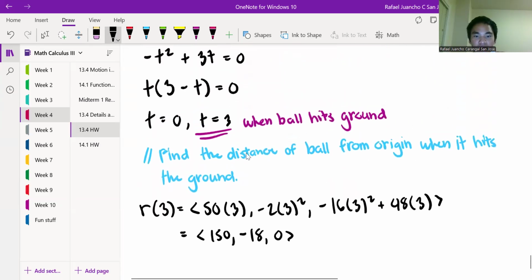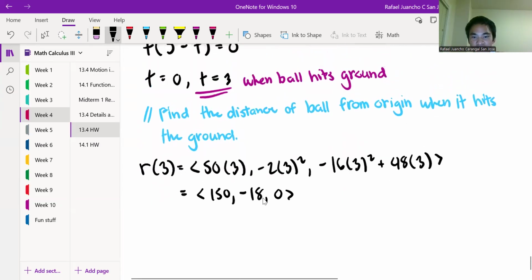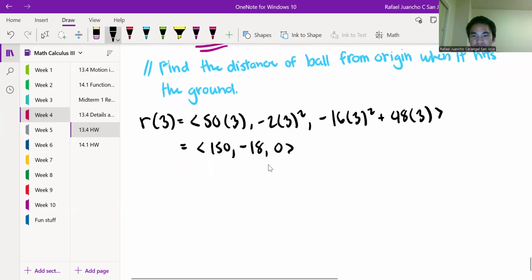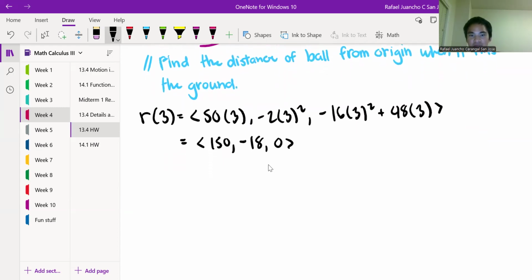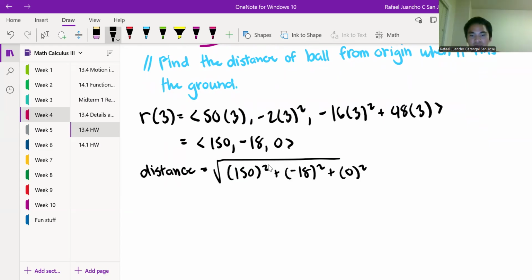Okay. Now we find the distance of this point towards the origin. So we basically do a distance formula, and 0 squared, we might as well include it. Why not?